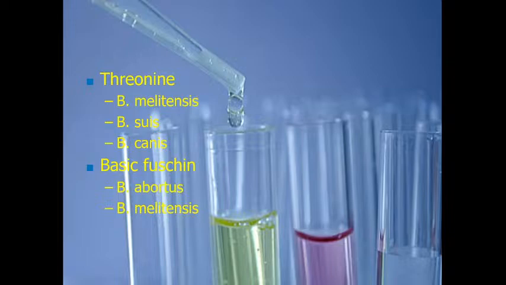Threonine allows the growth of melitensis, suis and canis, and for basic fuchsin, it's Brucella abortus and melitensis. So look at the common ground here. If it grows on basic fuchsin, it's probably abortus and melitensis. But when you grow it in threonine, there's no more growth. So automatically the answer is Brucella abortus.